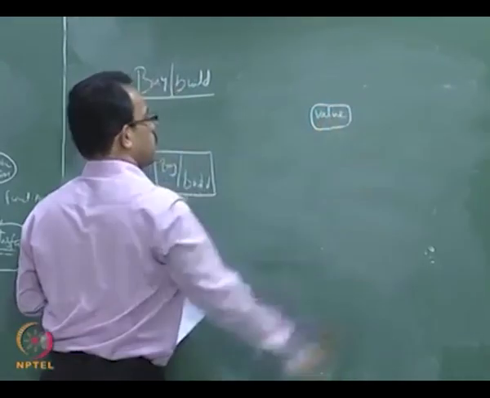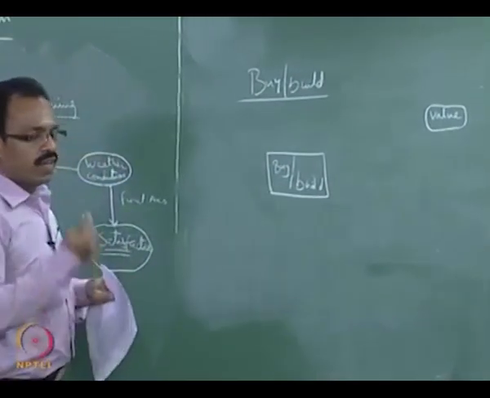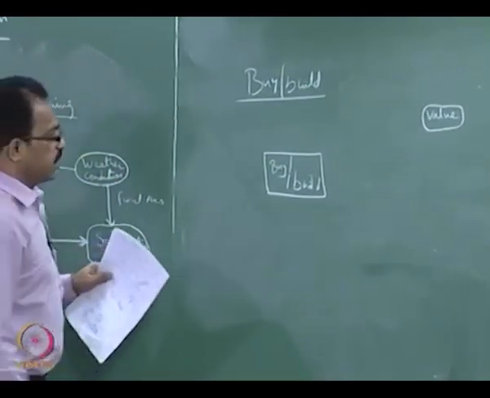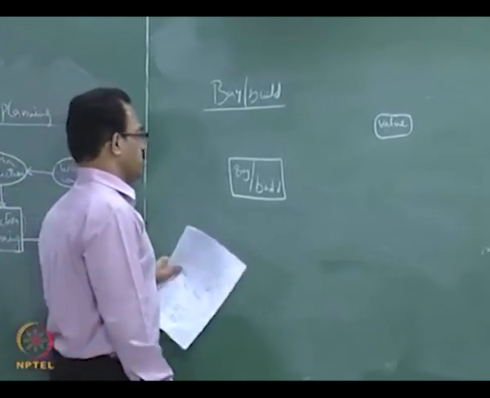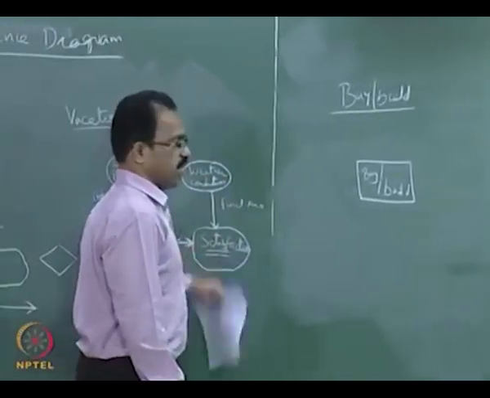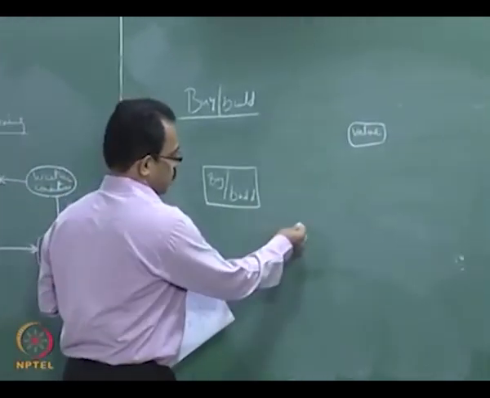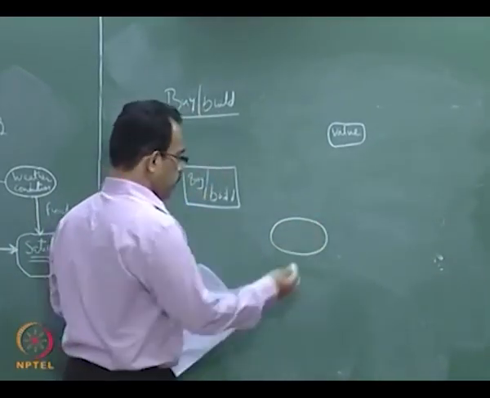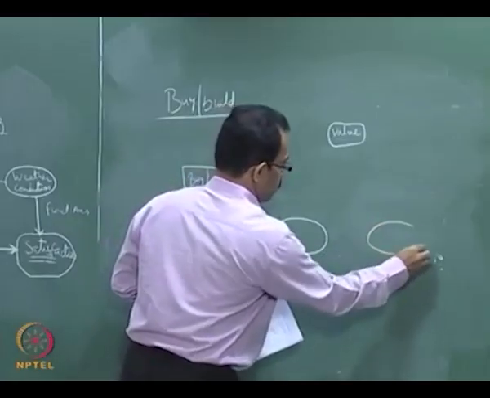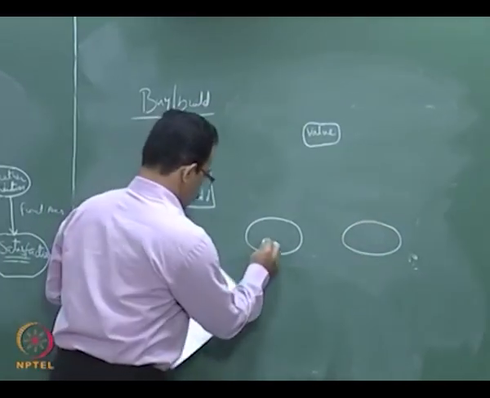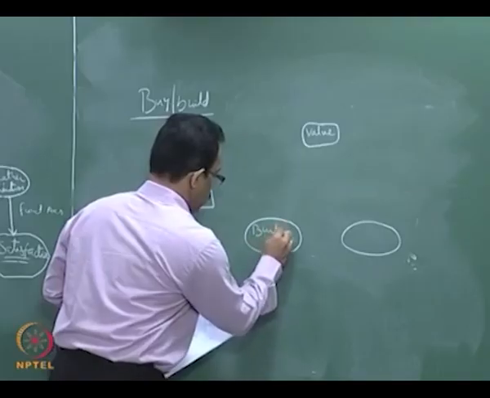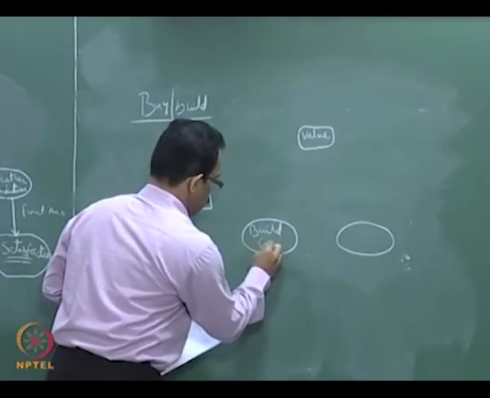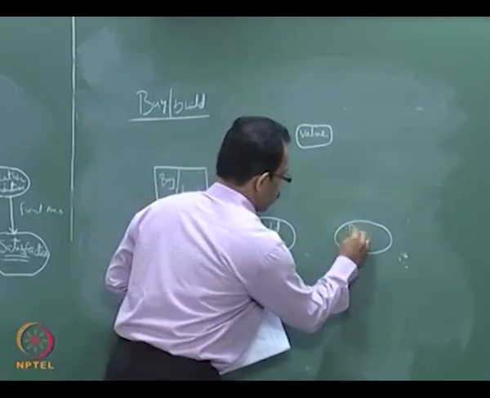So that is the value node here, the value it brings to the company is the output, something like satisfaction. And the two factors, or the two chances, are that it may lead to build cost and build schedule. So build cost and build schedule, these are the two chances.